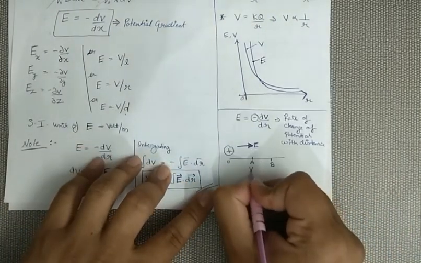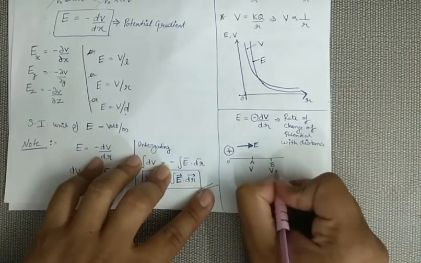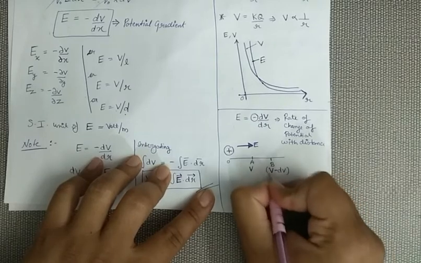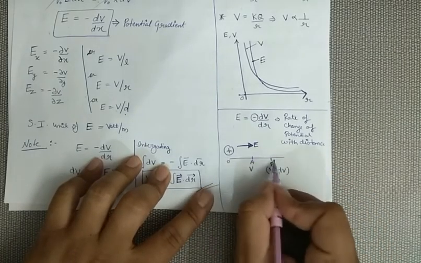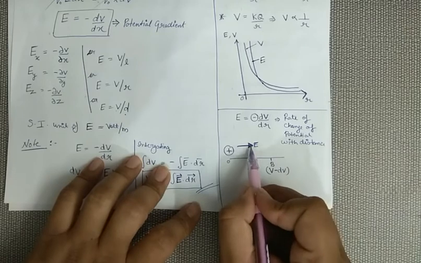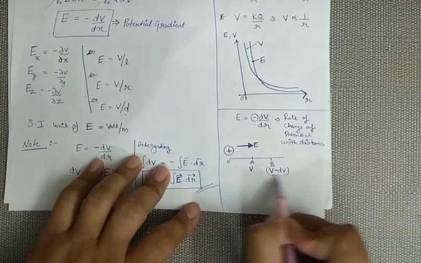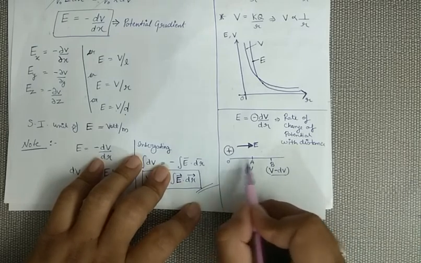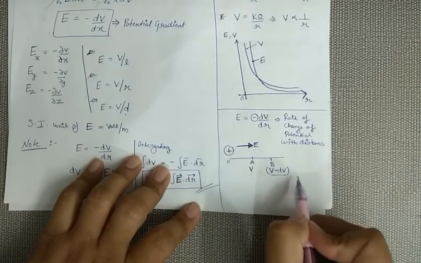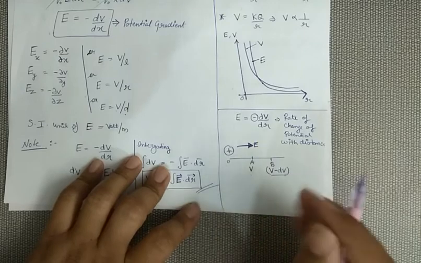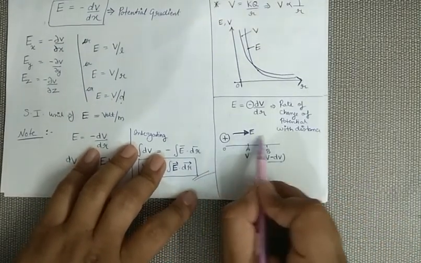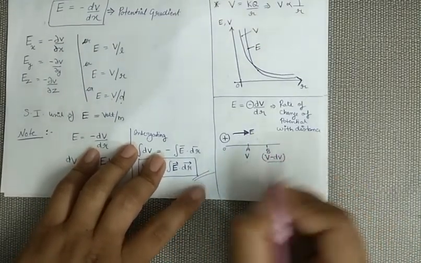This is the potential of A and this is the potential of B, somewhat less, V minus dV. A is at high potential, B is at low potential. Now look in the direction of electric field. If you keep moving away, electric potential decreases in the direction of electric field. As the electric field proceeds away, your electric potential decreases.